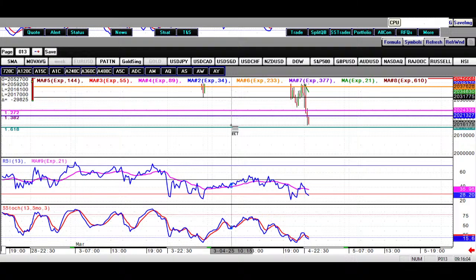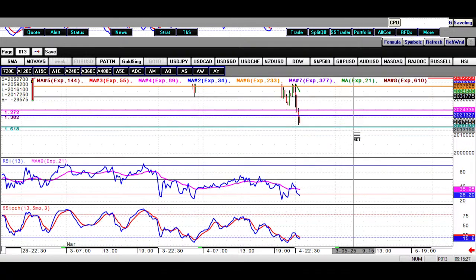We will see another 15 more minutes of weakness. If not, it might go even worse.